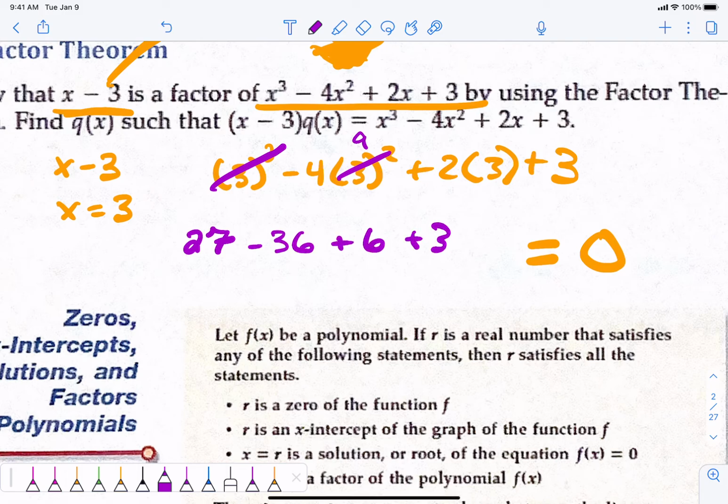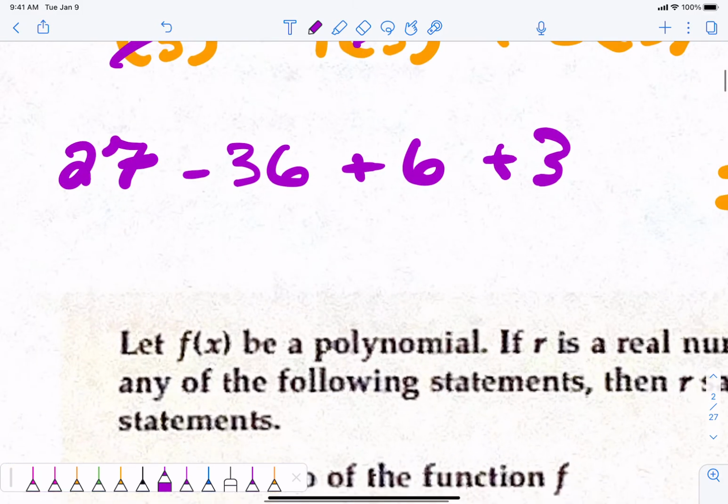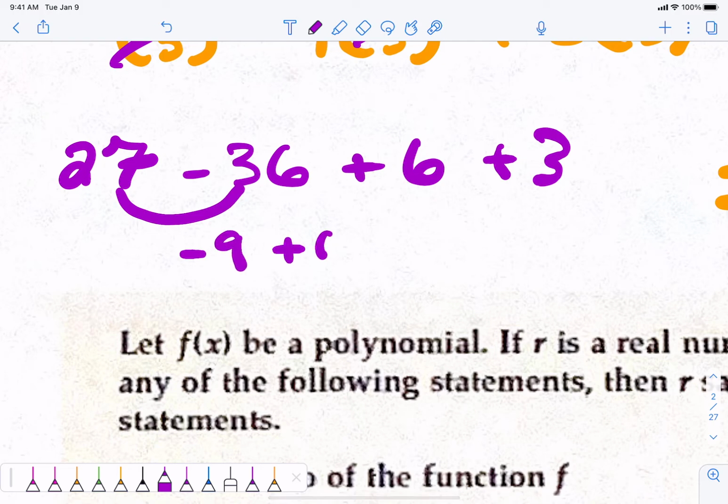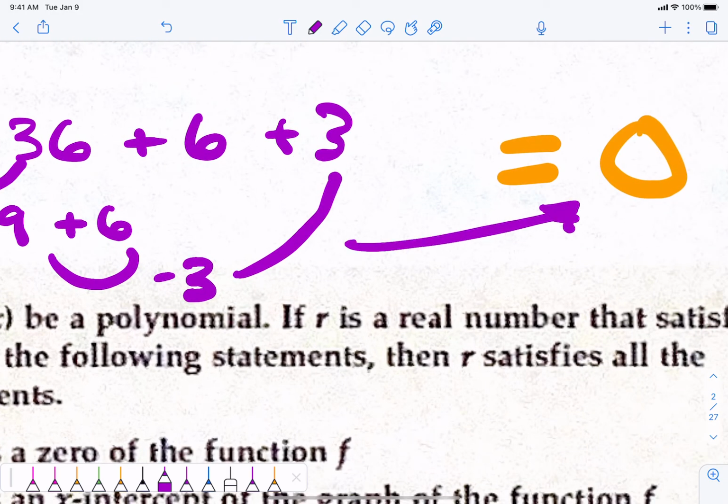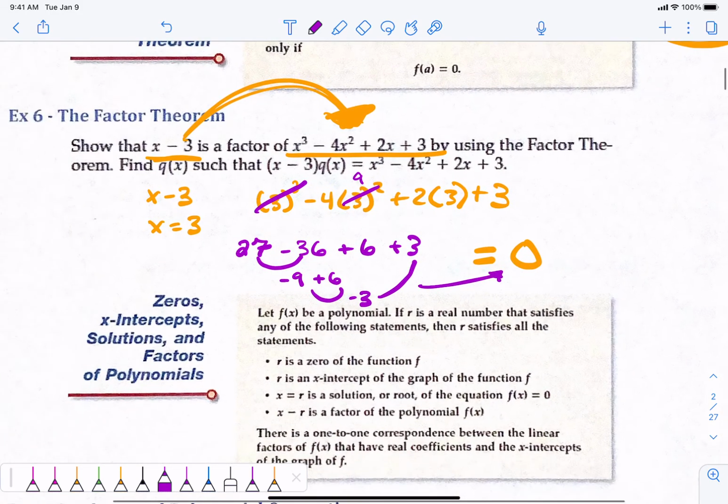What's 27 minus 36? Negative 9 plus 6 is negative 3 plus 3 is 0. Good? Happy with that?